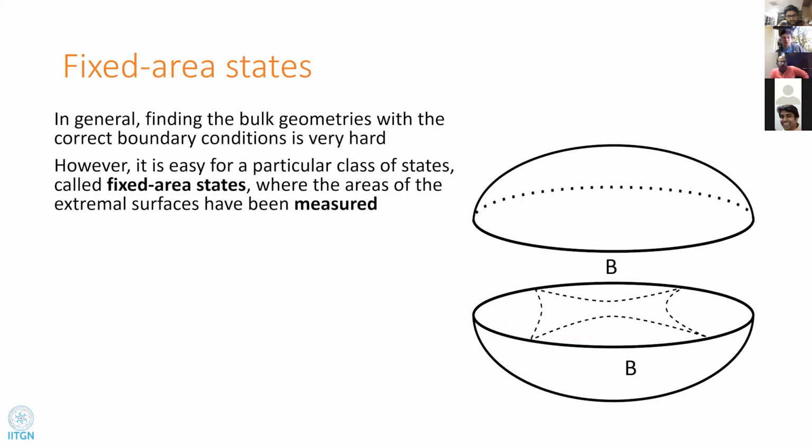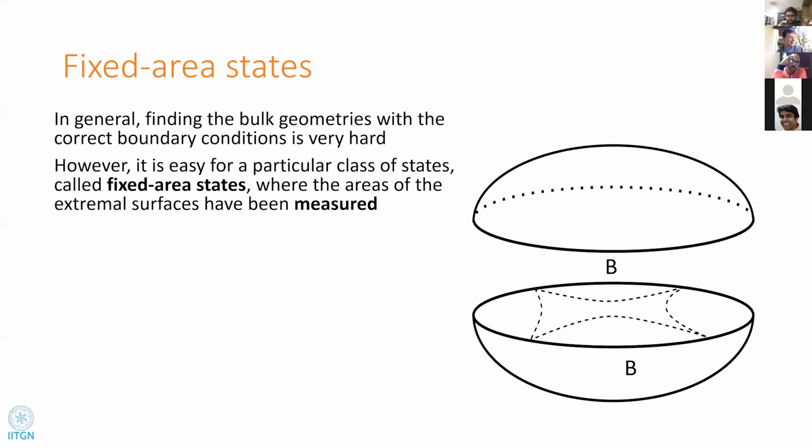The motivation is purely practical: you can do the replica trick with the full sum over saddles for fixed area states. For non-fixed area states, even computing all the saddles is hard. For non-fixed area states, the only thing anyone knows how to do is the Lewkowycz-Maldacena trick: assume you have one saddle which is an analytic function of n and which doesn't break replica symmetry, then you quotient by the replica symmetry, analytically continue to n close to 1, and argue that you get back close to the original geometry.